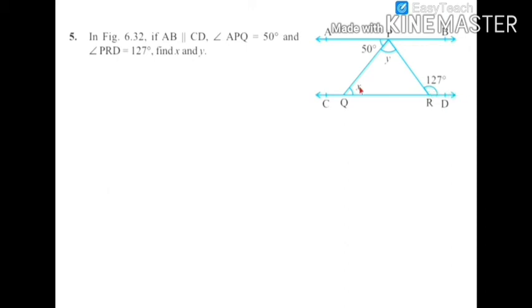Find angle X and Y. In this figure, there is one pair of parallel lines and there are two transversals, PQ and PR. So taking PQ as the transversal, angle APQ and angle PQR form alternate interior angles. So they should be equal. So that answers our first question.